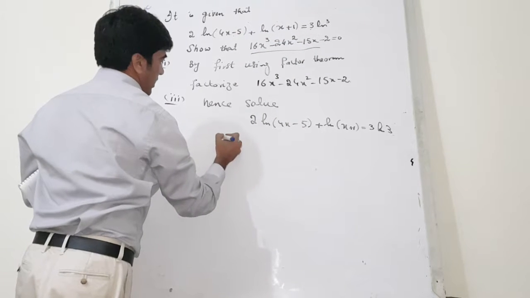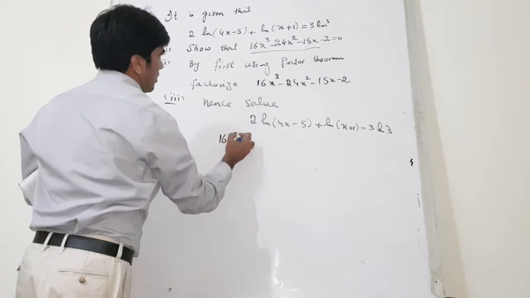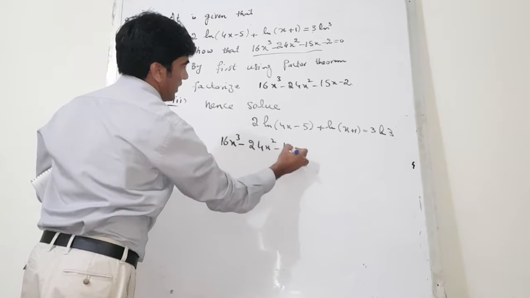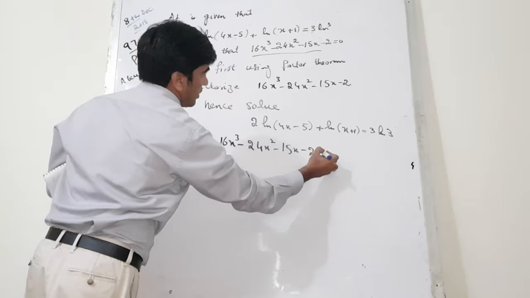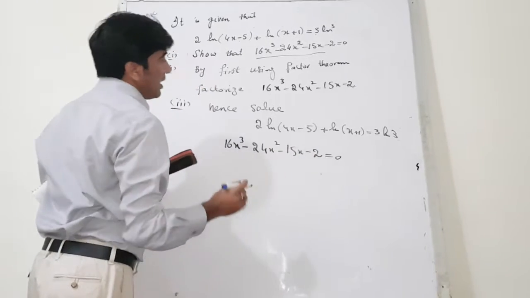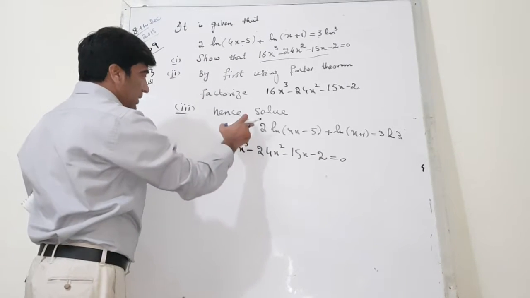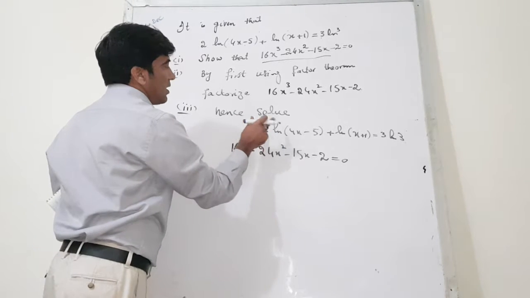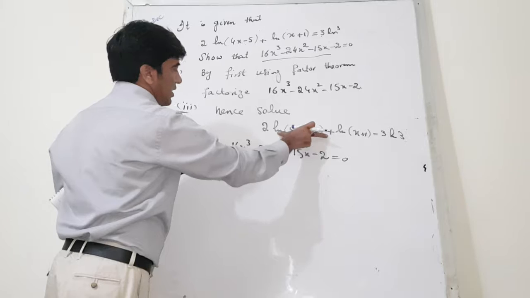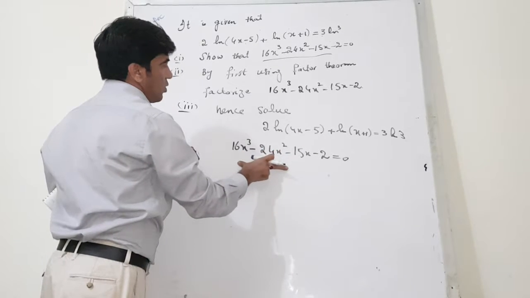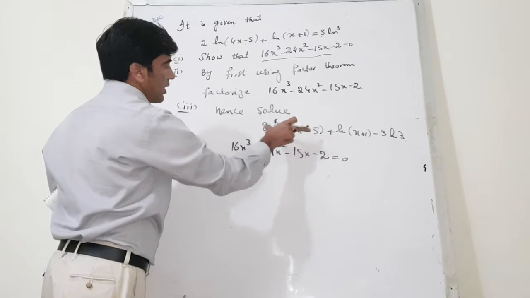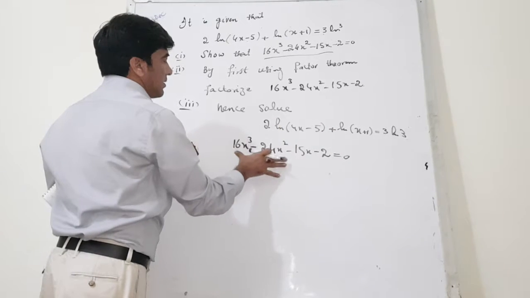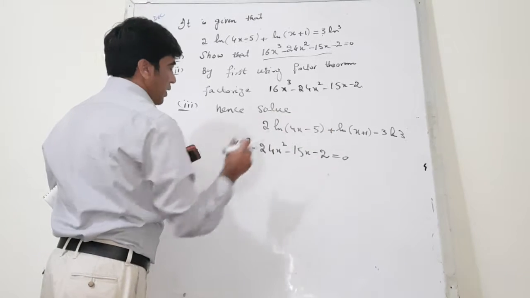So you can say that 16x³ − 24x² − 15x − 2 = 0. Actually, this is called deduction, because you have already proved the statement of this question is equal to this. Now you need not show all the steps to prove this. You can directly write this equation instead of this equation.